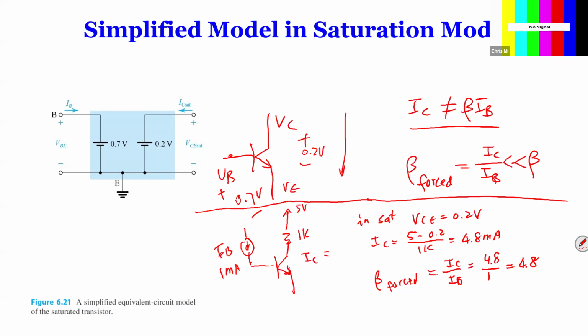So if you decrease IB, for example, to 0.01 milliamps, now this beta is going to become like 480, which is of course no longer in saturation, so it will be active mode. So we have to recalculate what our VCE is going to be. VCE is no longer going to be 0.2. Now, you can also increase IC. Increasing IC means you can decrease that resistance 1K.